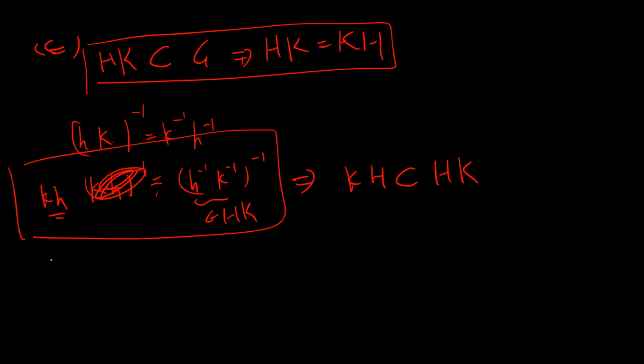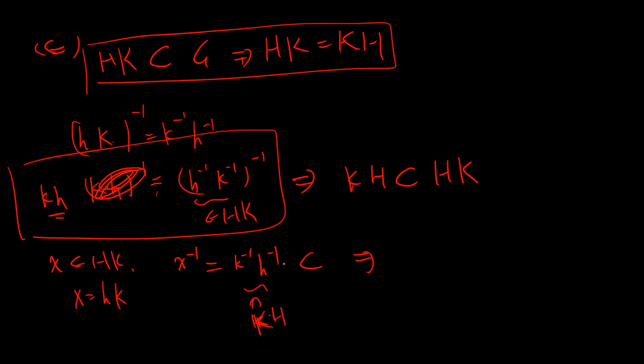Now if you have an element x in HK, then x inverse is k inverse h inverse, which is in KH. So this tells you that HK is contained in KH. From these two, you know that HK must equal KH.